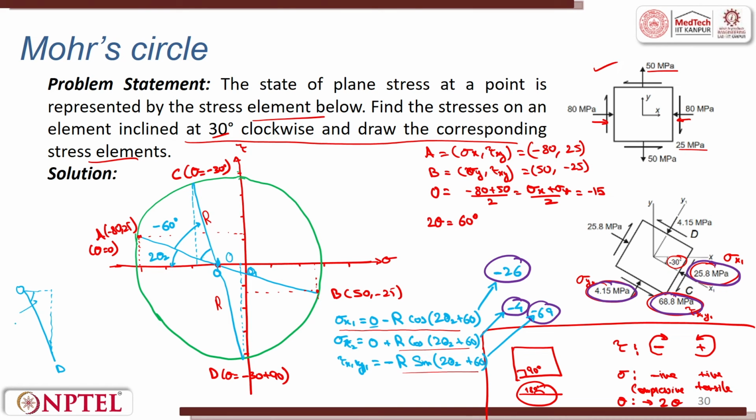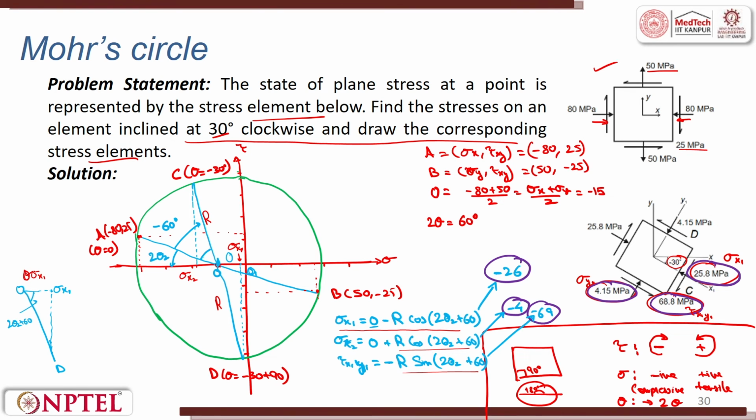This angle is 2 theta 2 plus 60, right. And this point that is here is our sigma x1, this is my sigma x1 here. Similarly, this point is sigma x2.